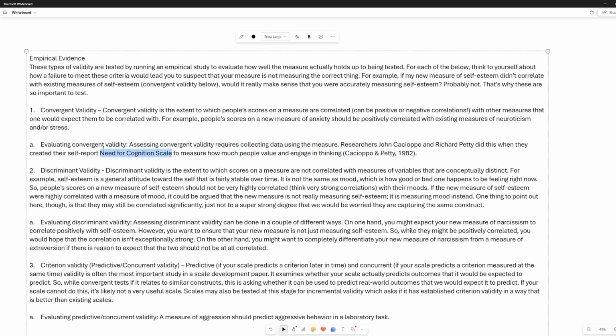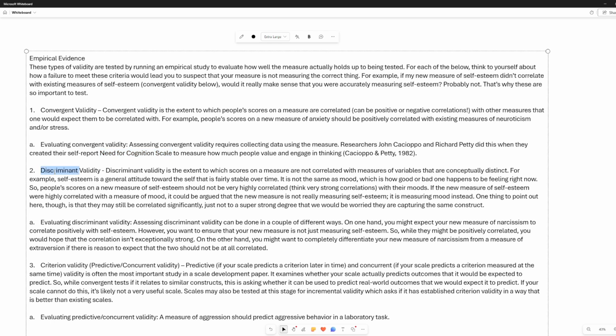If you didn't know, need for cognition is basically how much people want and desire to think. And so they're correlating this with how much they value and engage in thinking. And if these two things weren't correlated, it wouldn't make any sense that you were measuring the correct thing. If I create a new measure of self-esteem, I would expect that it would correlate with existing measures of self-esteem. That's what convergent validity is asking.